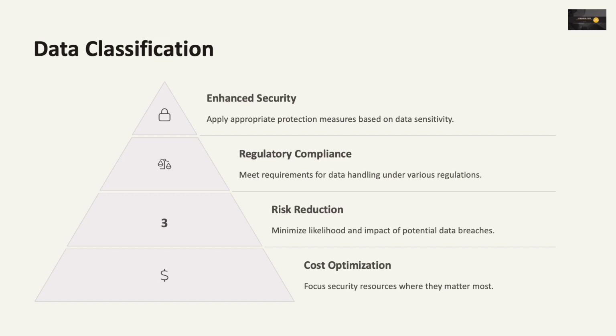It reduces the risk of data breaches and unauthorized access. It also helps with cost optimization, because then we start focusing security resources where they matter the most. Without data classification, organizations risk exposing critical data, and the potential cyber threat will be high.